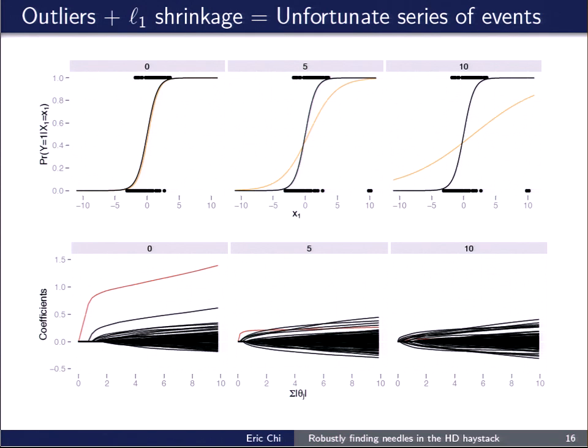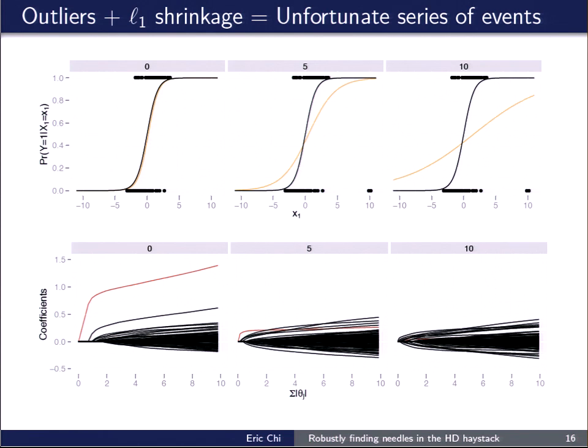In the bottom rows, you see what are called regularization paths. I'm just tracking the coefficient values for all 10,000 variables as my penalty parameter lambda decreases. And you'll see in the uncontaminated case, you get the nice separation that you'd like to see. But as you add contamination, you're losing that signal to noise ratio because of that implosion breakdown.